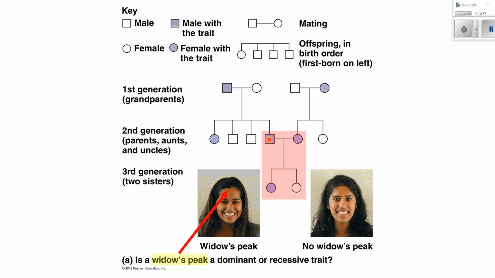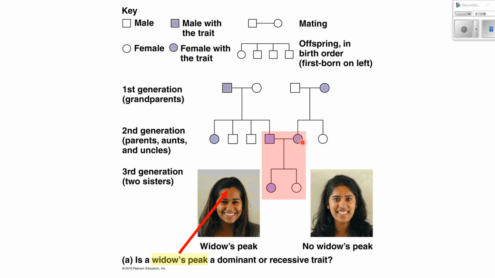Dad had widow's peak, mom had widow's peak, and one of the daughters has it. The other daughter does not. If widow's peak was caused by a recessive allele, then that would mean this dad would be little w, and the mom would be little w, little w.